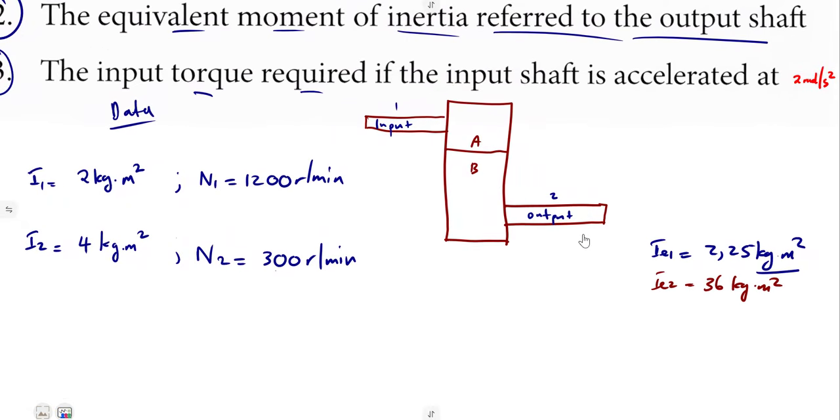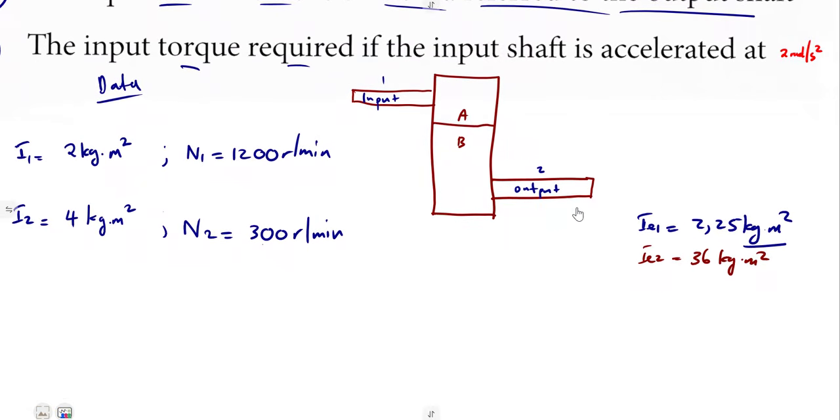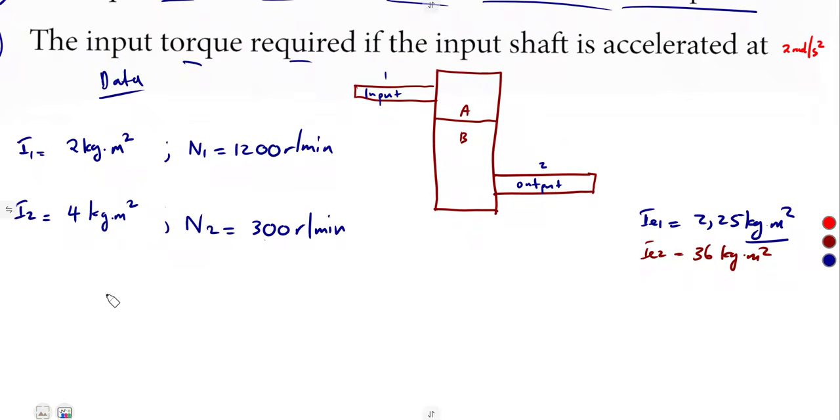That is the input torque that you're going to have on number 3. If the input shaft is accelerated, it means this angular acceleration is for the input. So we're given angular acceleration for the input at 2 rad per square second.